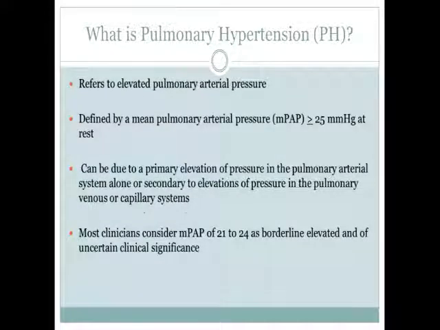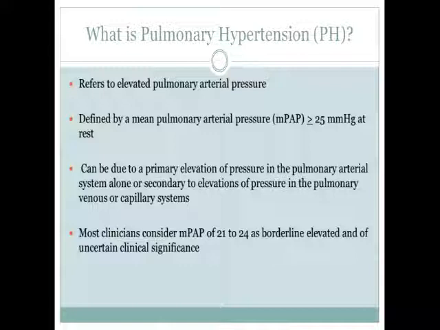So what is PH? It's defined as an elevated mean pulmonary arterial pressure of equal to or greater than 25 millimeters of mercury at rest, and I think you can go up to 30 on exertion. It's either from a primary elevation in the arterial system, which we'll see later on, also known as precapillary PH or pulmonary arterial hypertension, or it can be from elevations in the pulmonary venous system, or postcapillary PH.